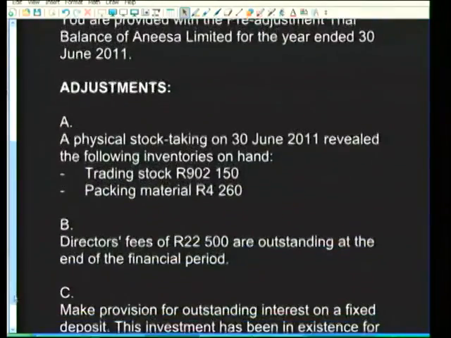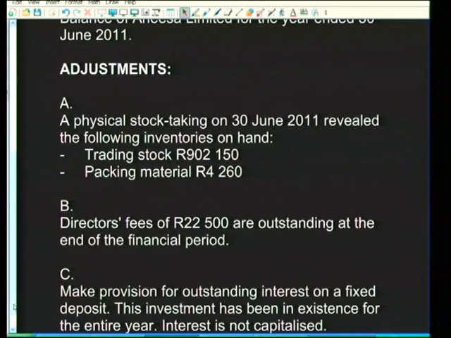Our first adjustment is one that you should be familiar with. It's an adjustment that you should have already done since grade 10, and you should know almost immediately how to do it. It says, a physical stock taking on the 30th of June revealed the following inventories on hand. We have trading stock of 902,150, and we have packing material on hand of 4260.